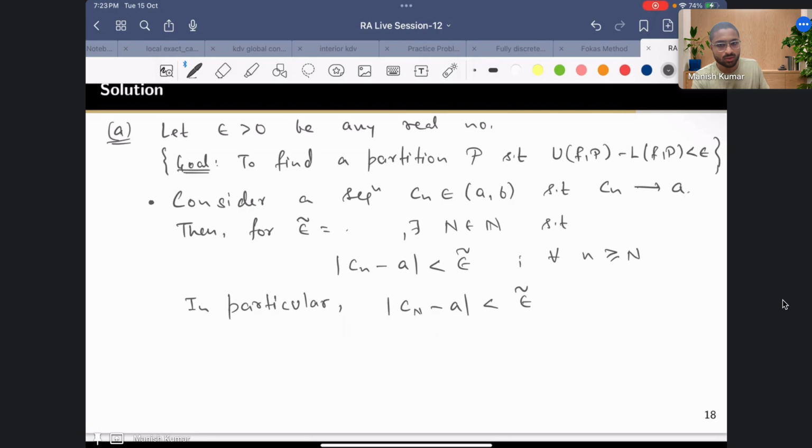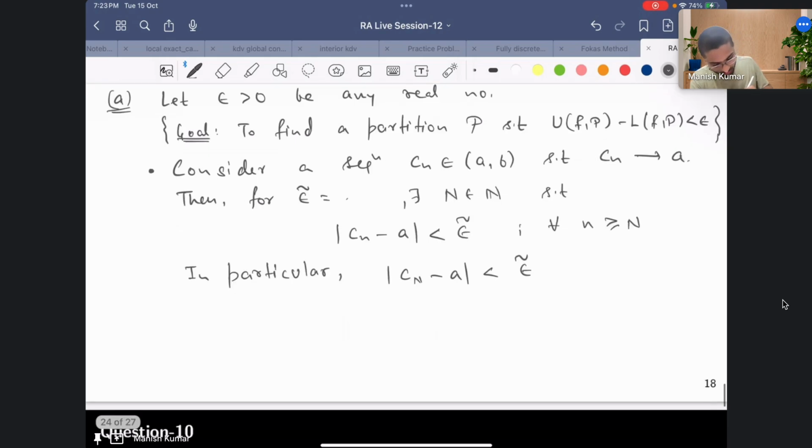Now we know that this function f is Riemann integrable on [Cn, B], by the assumption that we have.